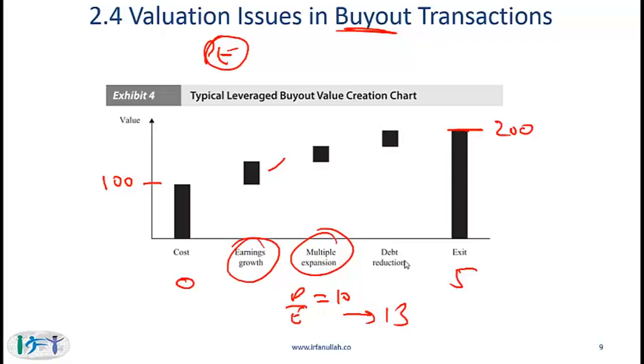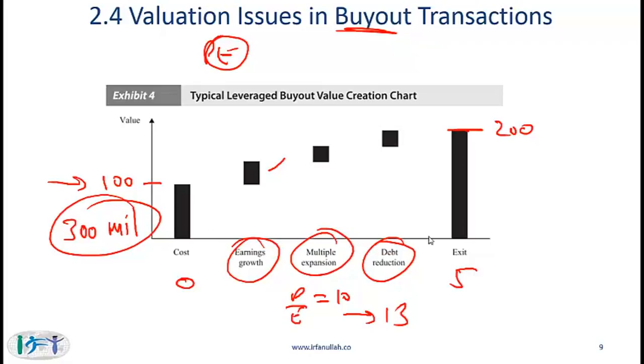And then another critical element is debt reduction. What this means is, let's say that your equity investment was 100 million, but you also borrowed 300 million. Over the 5-year period, as this company generated cash, and remember with a leveraged buyout, you are investing in companies that are somewhat established, so there is a cash flow. One of the major uses of that cash flow will be to pay off this debt.